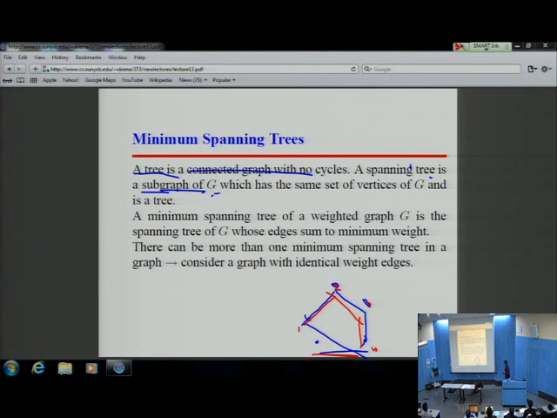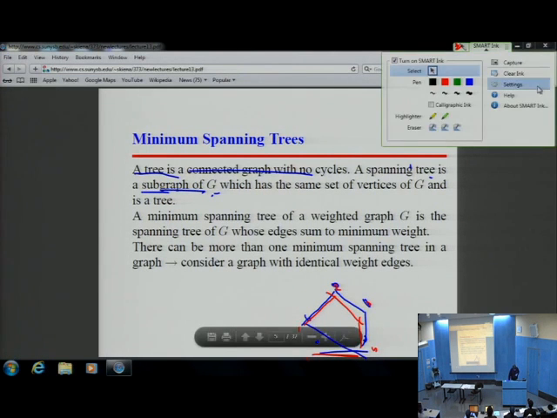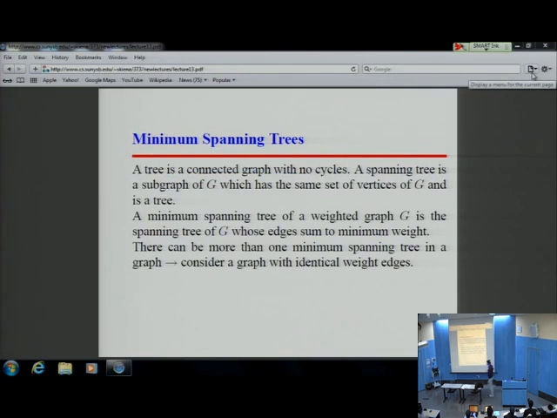Actually, let me just draw this again. So if we give you a graph here, here's a graph, here are some edges.